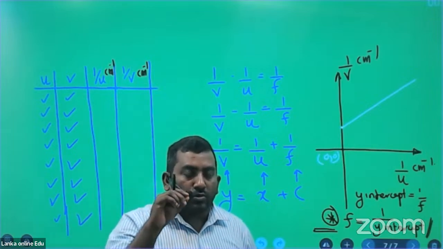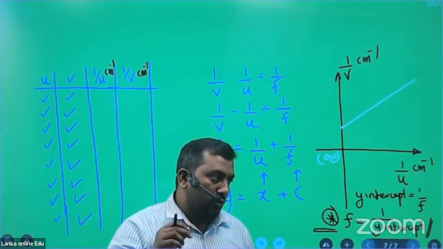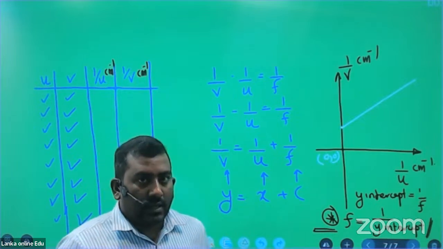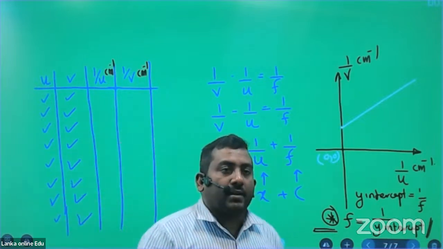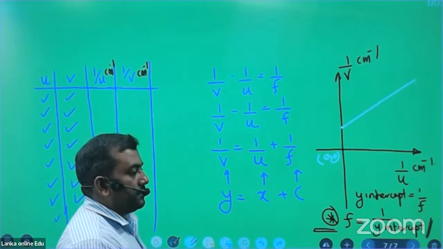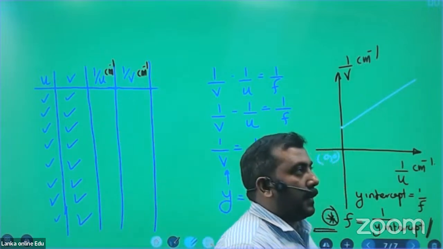So we must choose u and v so that there is a good spread.